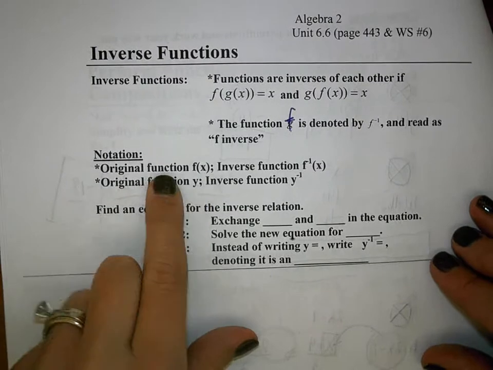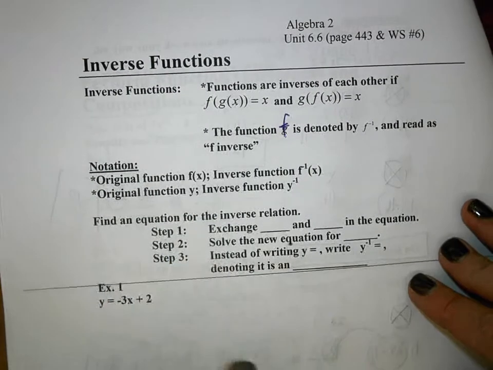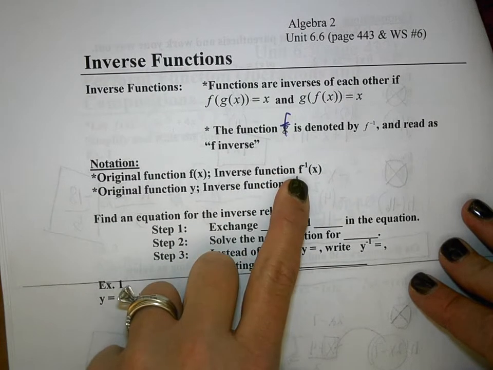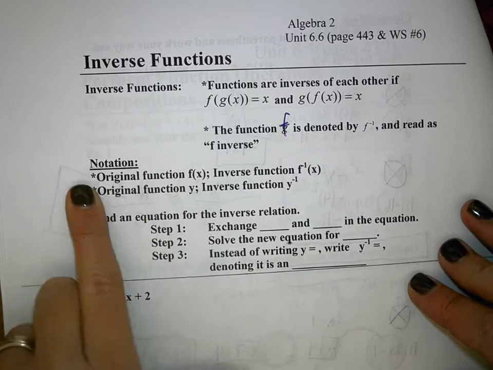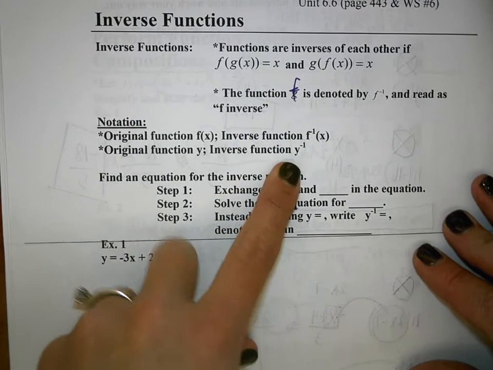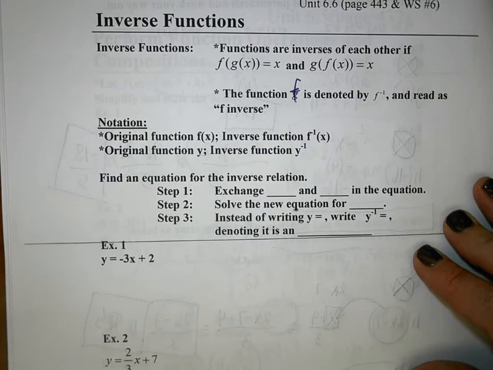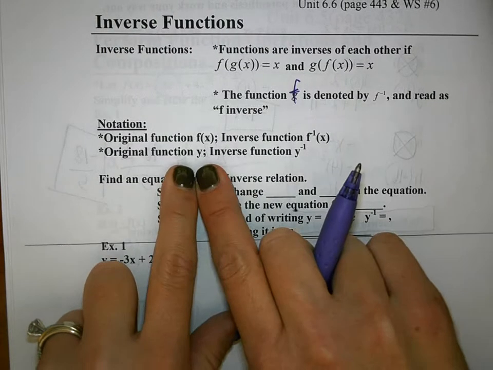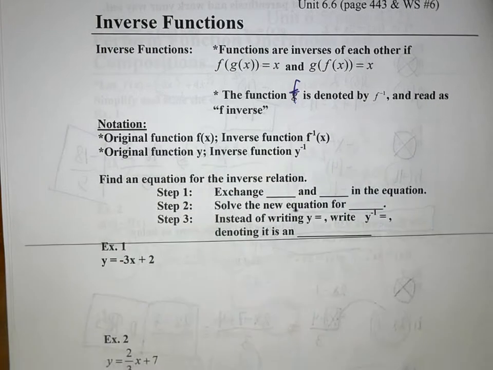If your original function is f of x, your inverse function will be f to the negative 1 of x. If your original function is y, your inverse function will be y to the negative 1. So it's just showing you that one is your original, and this one is the inverse.